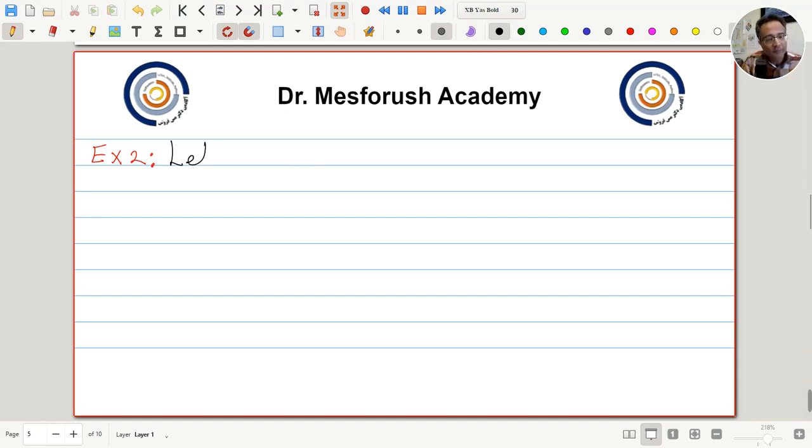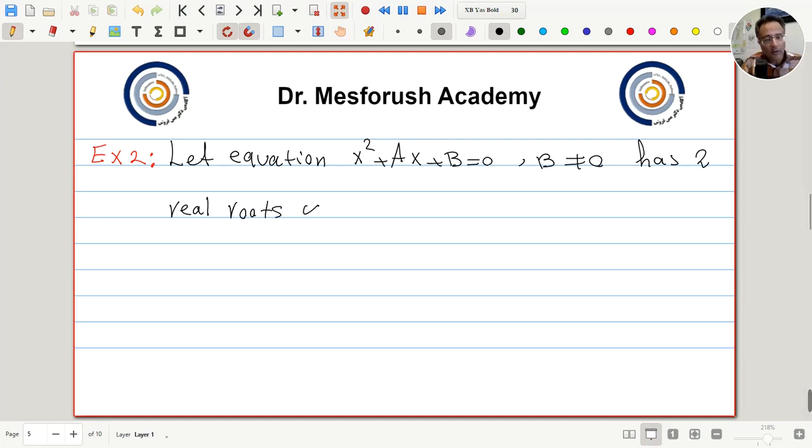Let the equation x squared plus ax plus b equal to 0 with b not equal to 0 have two real roots, alpha and beta, with absolute value of beta less than absolute value of alpha.